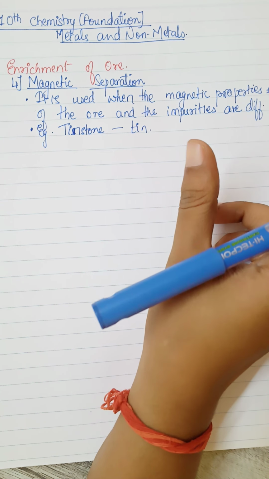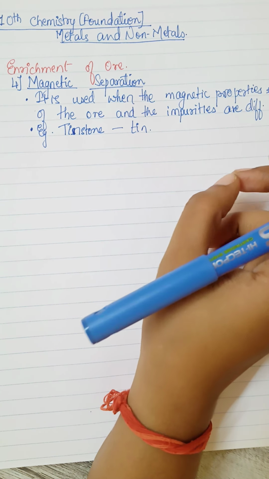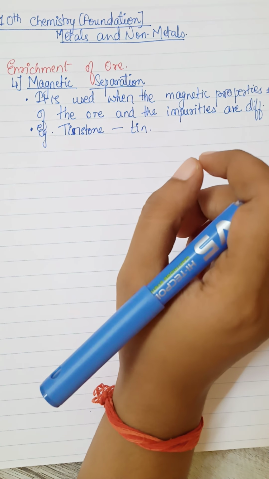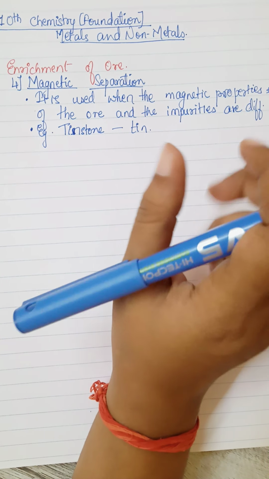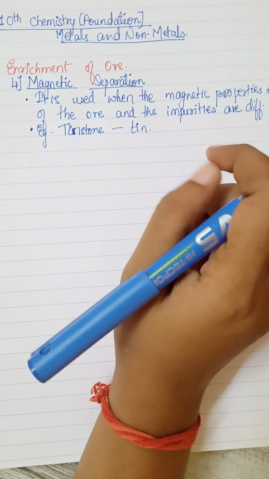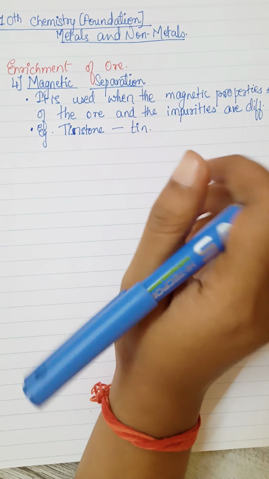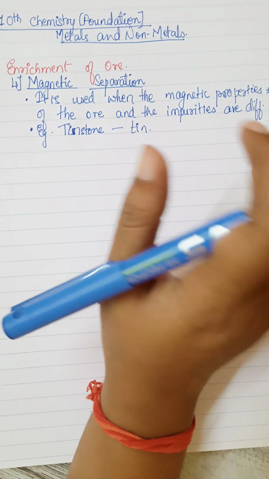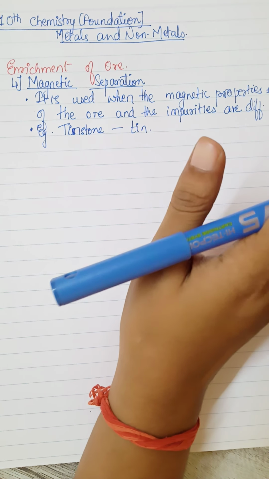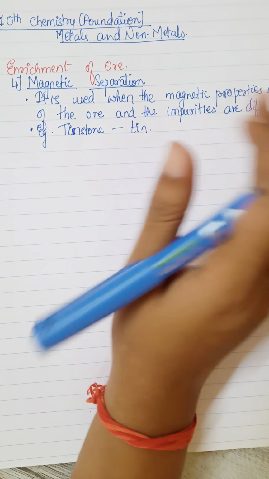Wolfram is a magnetic impurity. To remove this impurity, the ore is basically powdered to make the magnetic and non-magnetic particles distinct, so that we can separate them.